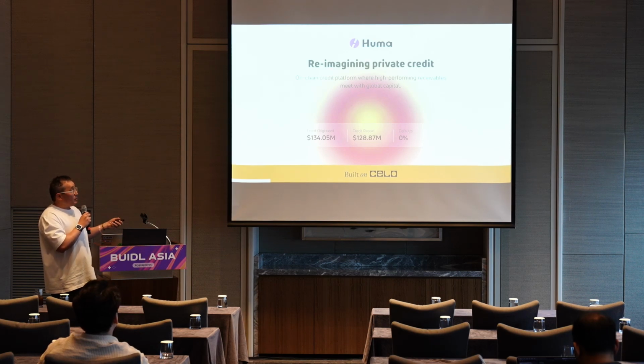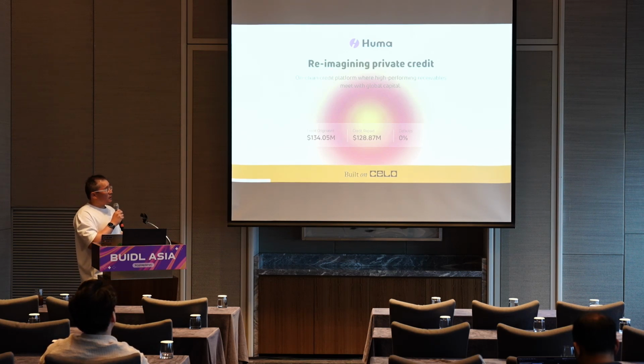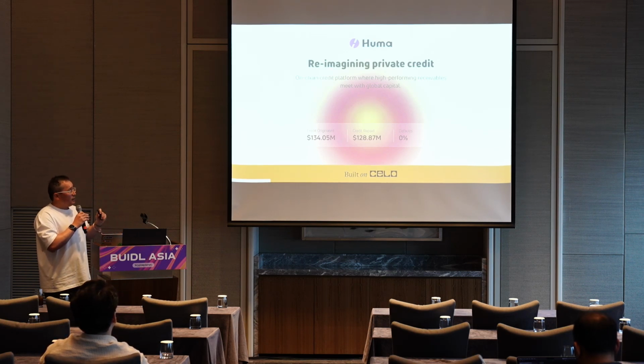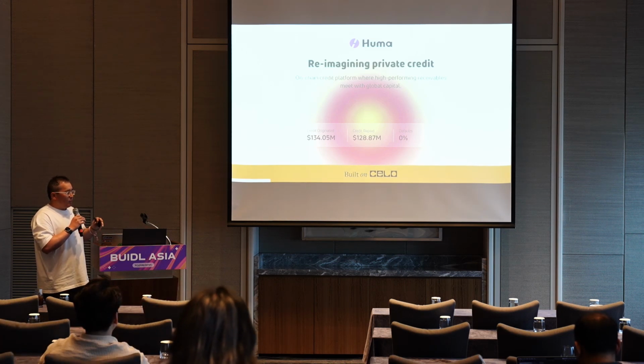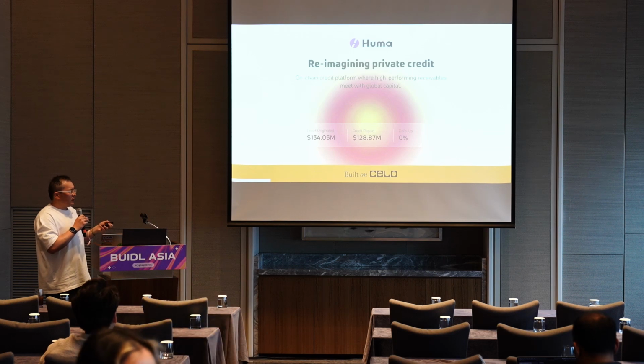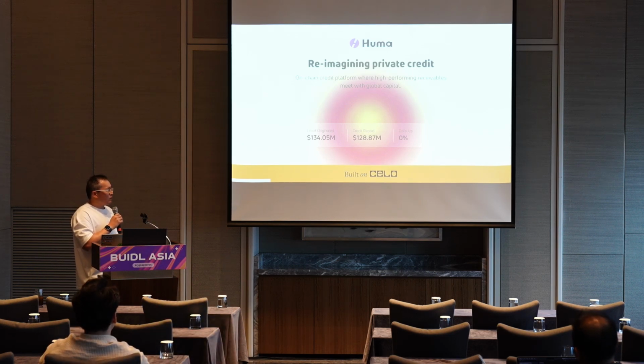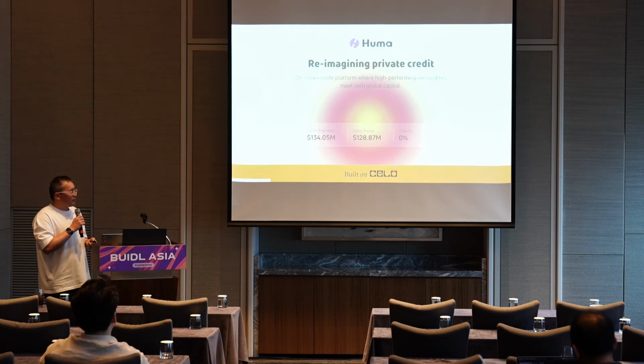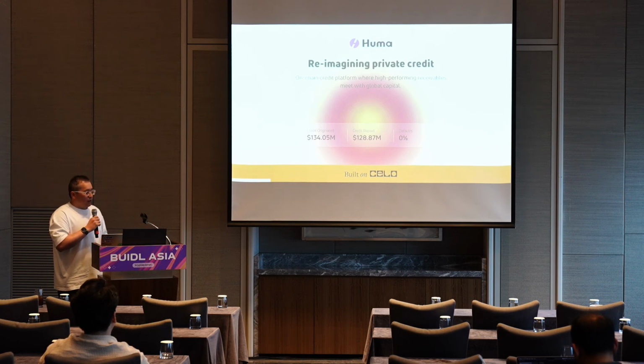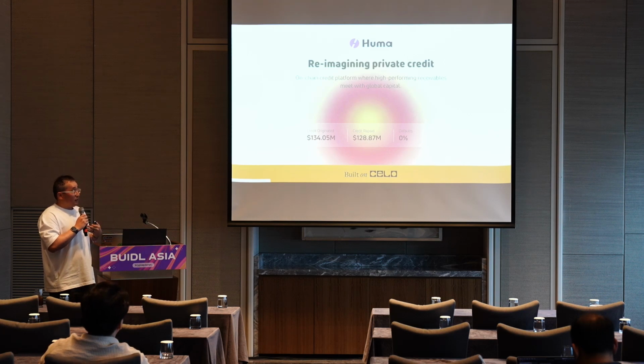But there's also Huma. Huma is another project recently launched on Celo. The intention here is to provide credit for small to medium-sized businesses. Their payback rate is, I think, very high, almost identical. I think they've had tons of their loans repaid. That just shows that there are businesses and people that need access to this to finance.